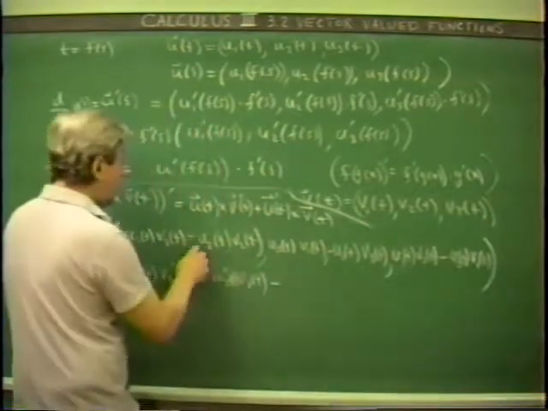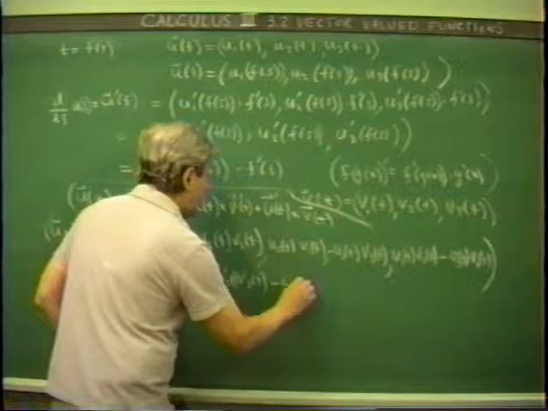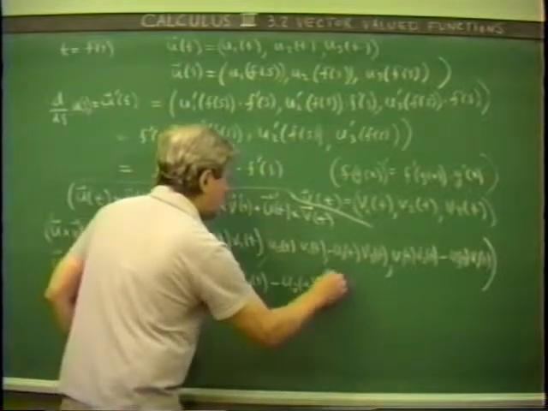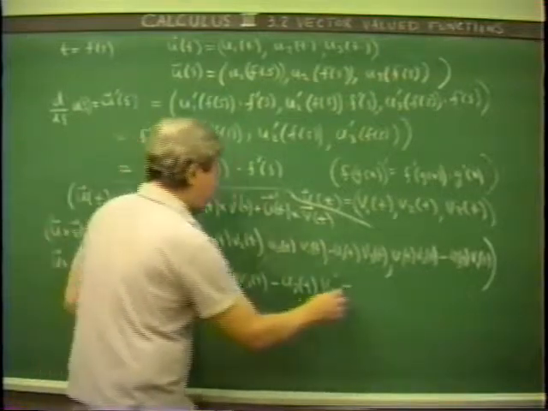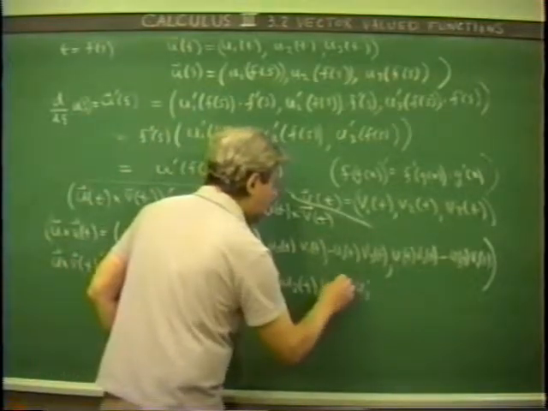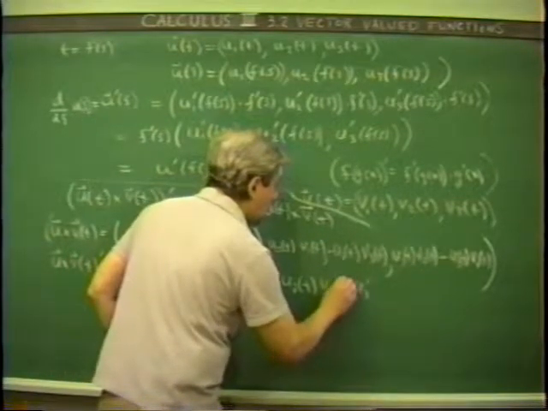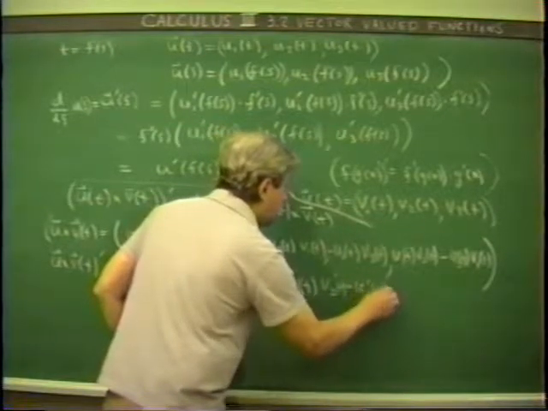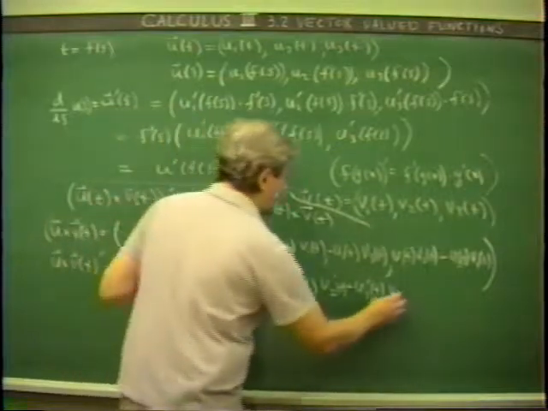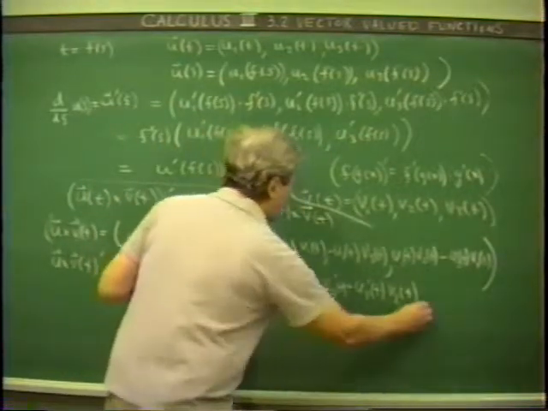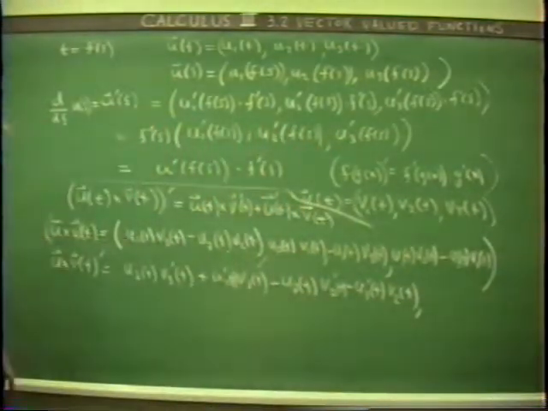We're going to get minus u3 v2 prime minus u3 prime of t, of course, v2 of t. That's the first component.